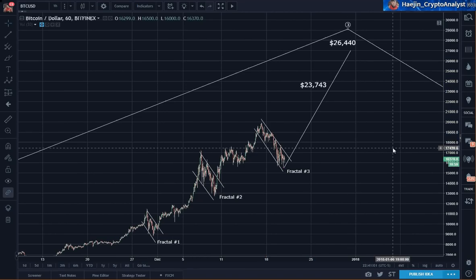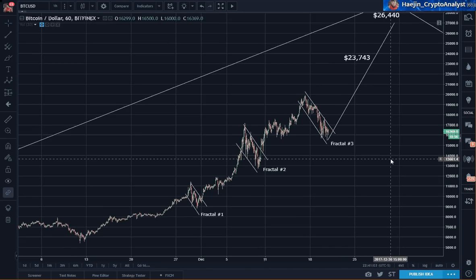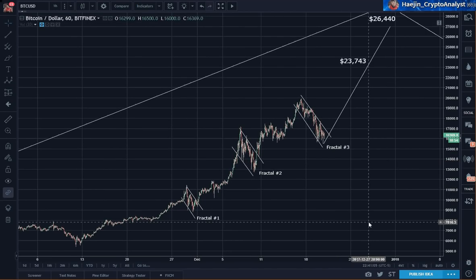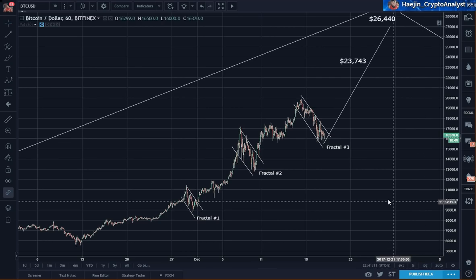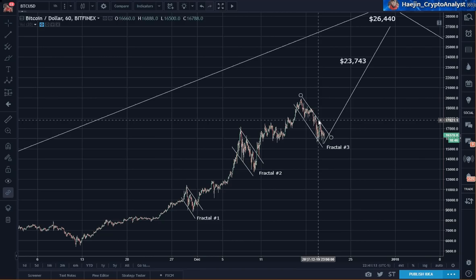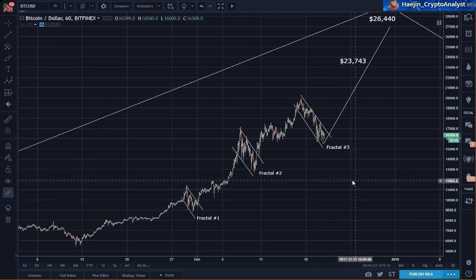And then it'll go to 26,000. So this is just using patterns. And whenever you see these patterns, or in this case, a bull flag between two parallel lines, these are usually wave 4 or 2.